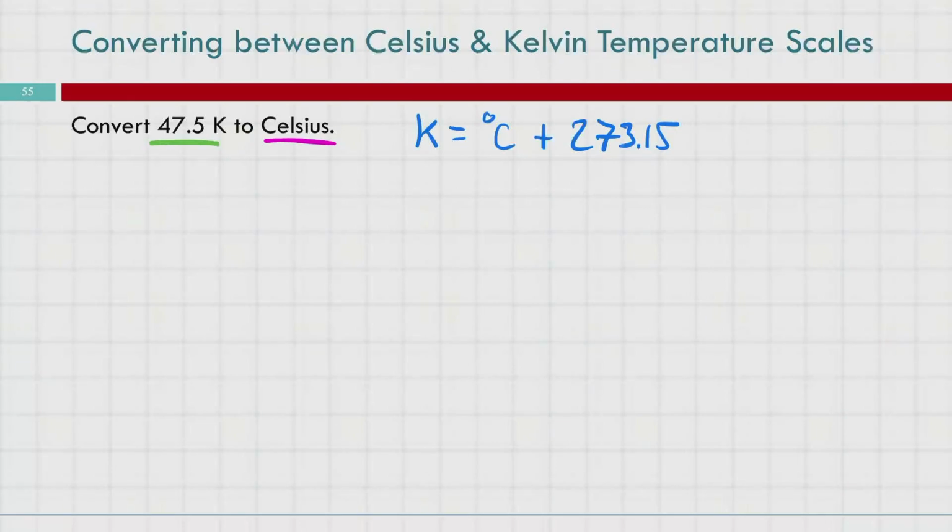So we are trying to find Celsius. That means we need Celsius by itself. We're going to rearrange by subtracting 273.15 from both sides.